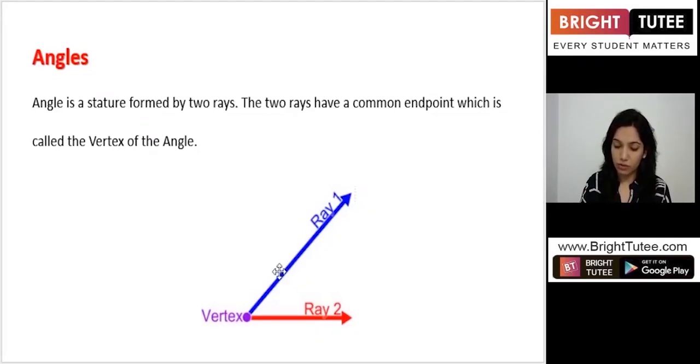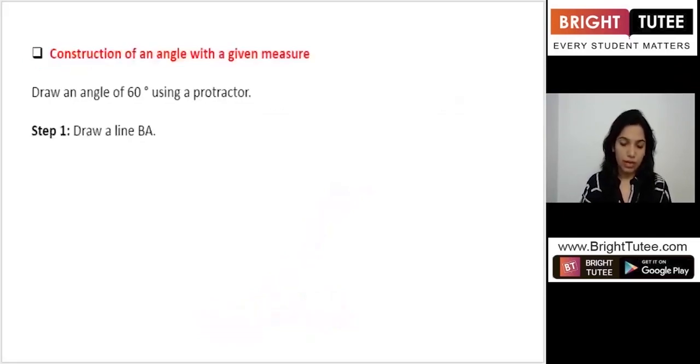This measure of the difference between these two lines, we call it angle, right? Now we measure it in degrees. The two rays have a common end point. We call it the vertex of the angle, right? So now let us see how we can construct an angle.